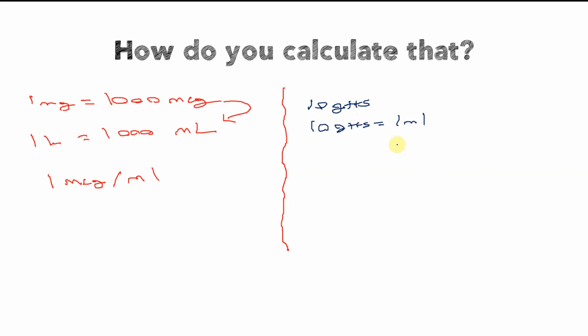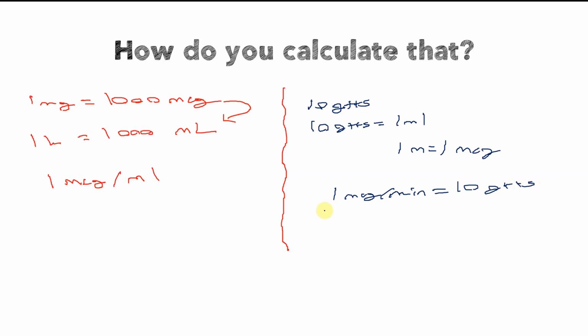And then 1 mL equals how many mics? Well, 1 mic. So if we want to give 1 microgram per minute, we need to give 10 drops.